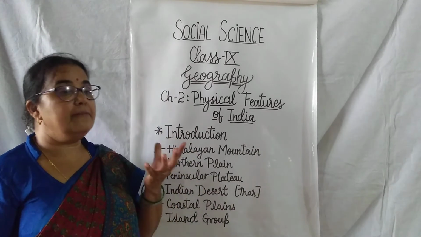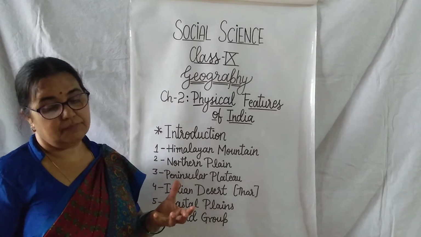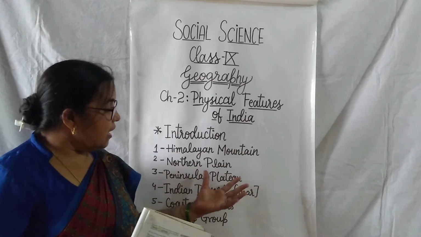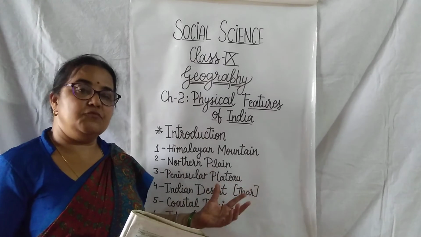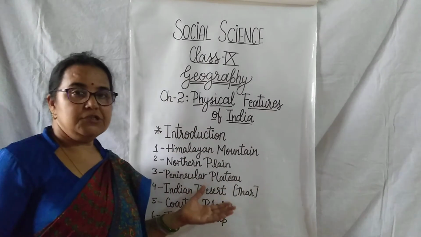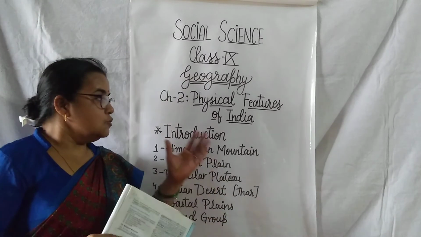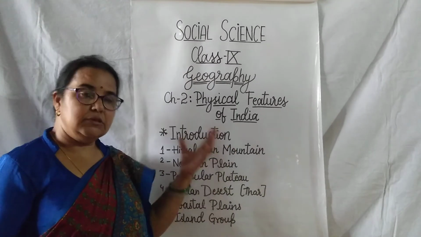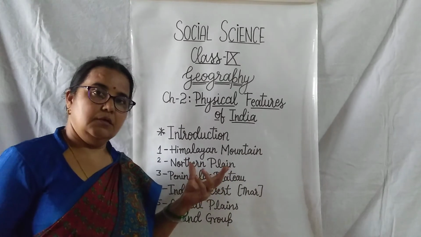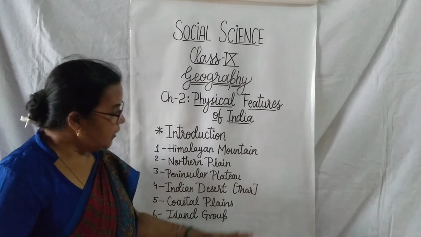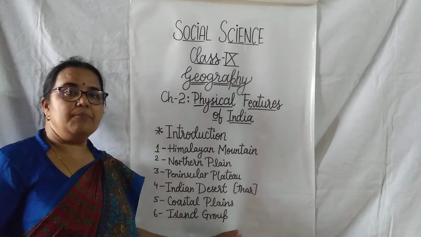That's why it was a very stable landmass. And these three are the main important landforms which are made in our geological formation. Okay, so in this particular video, I will just give you only this introduction, how these different physical features are made in our earth.